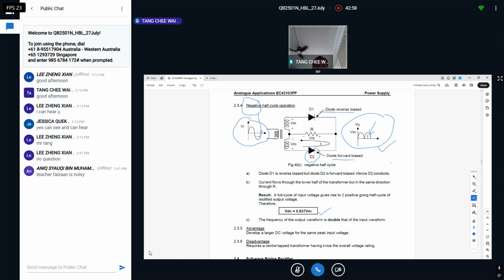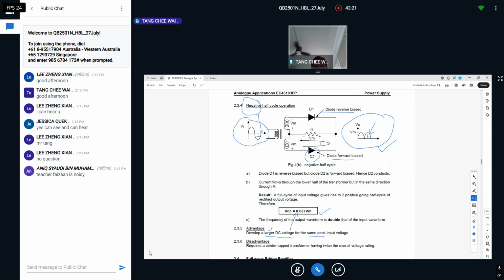Then of course they also mention the advantage, which is larger output, which is this one. Because for half wave it's only 0.318, now I get 0.637, as good as double, for the same peak output voltage.